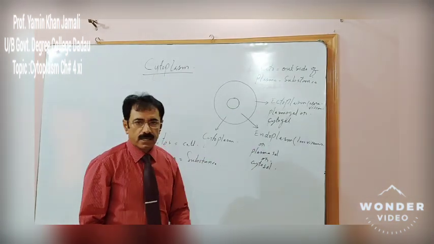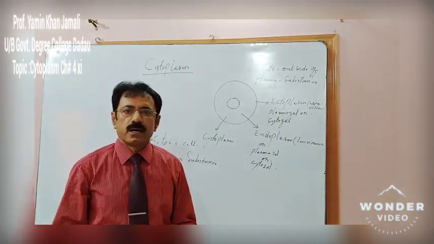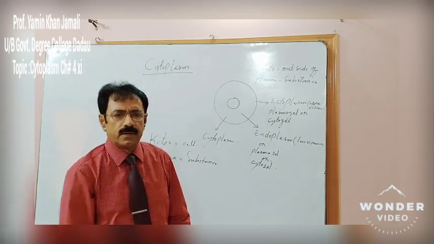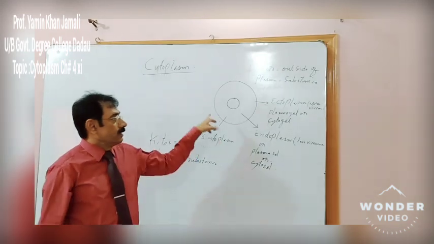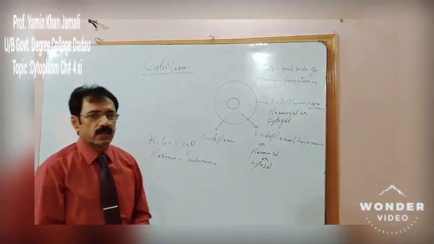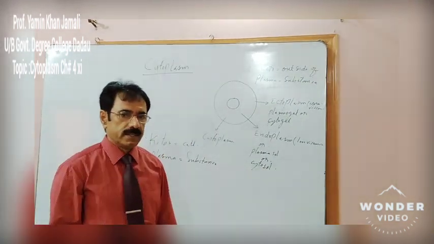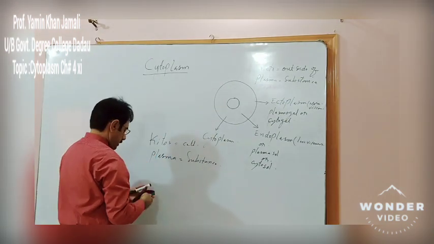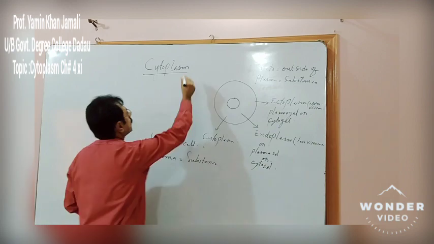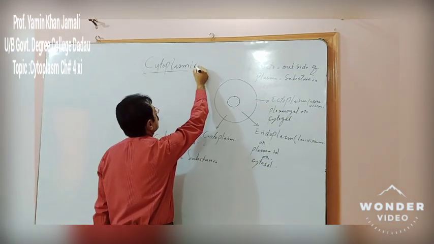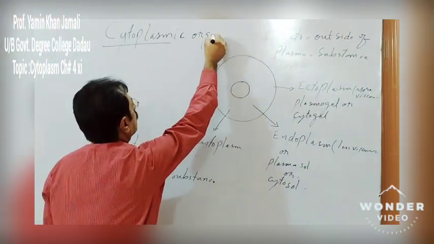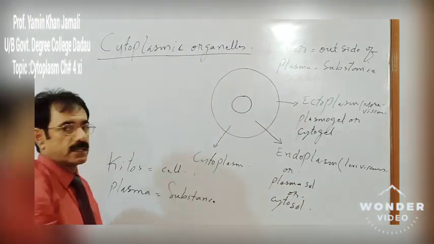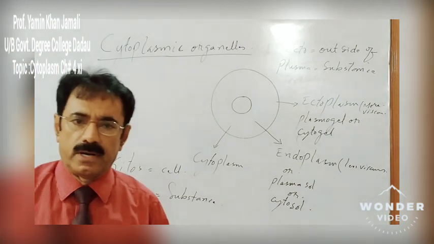These organelles are commonly called factories of the cell. There are two types of organelles. Let us see cytoplasmic organelles, which are also called subcellular particles.